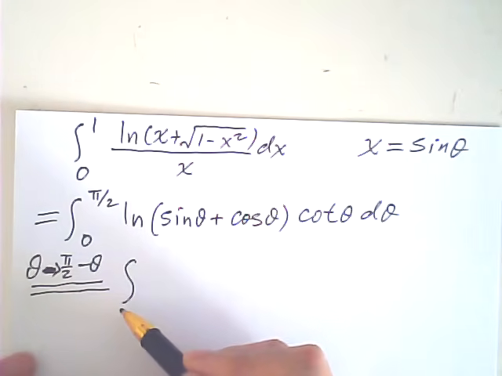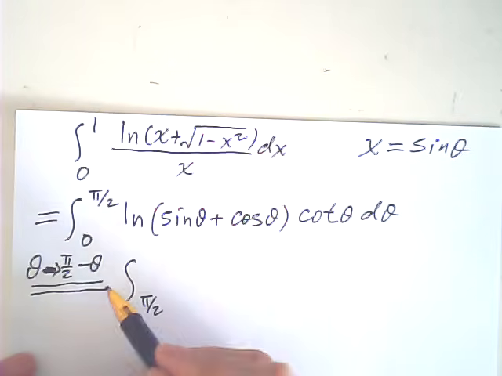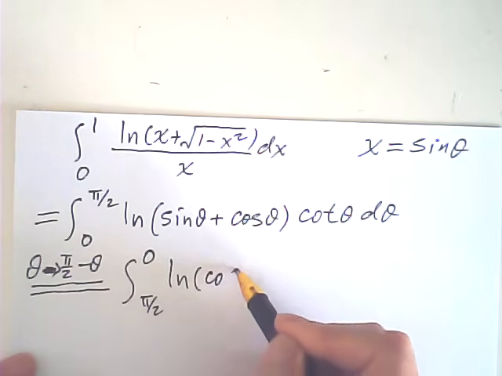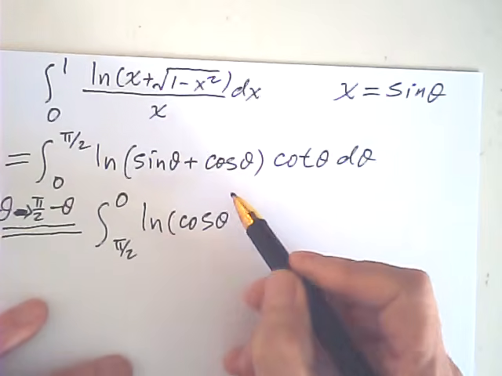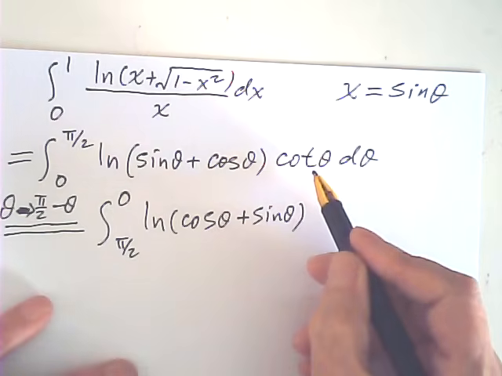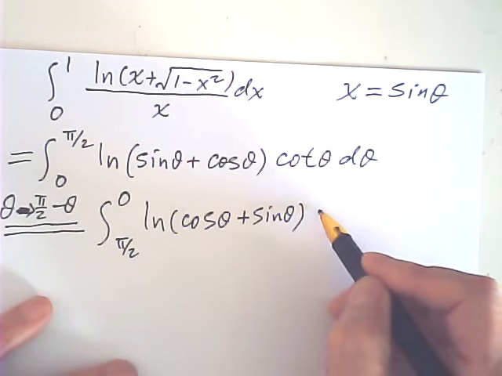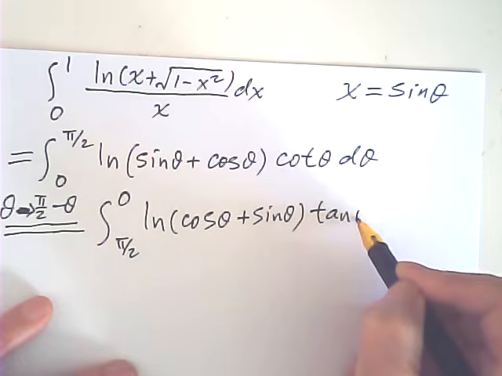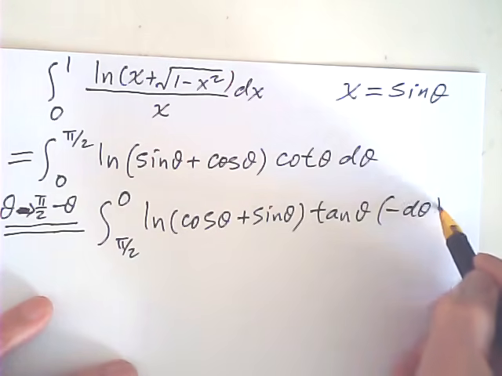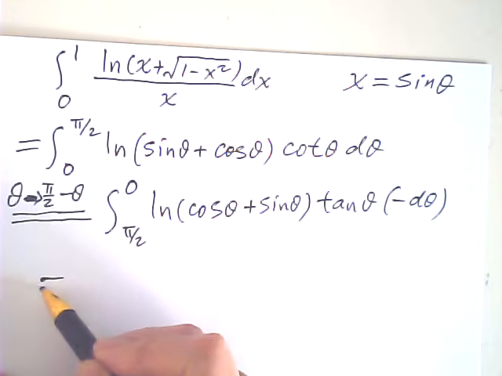So this now becomes half pi to 0, and log, this will be cosine, this will be sine. Cotangent of half pi minus theta is tangent. d theta will be negative d theta. So I use this negative to switch this order.